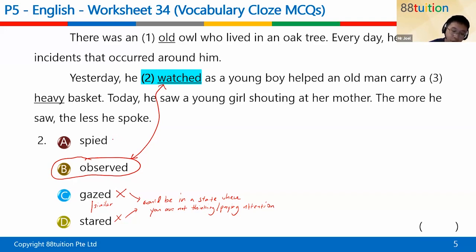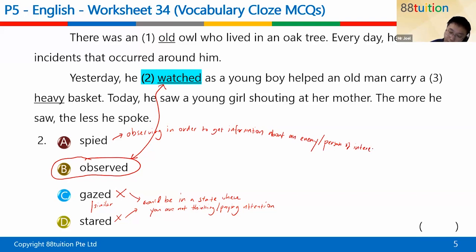Okay. And when you spied, obviously you are not spying over here. When you spy, it's also observing, but you're observing in order to get information about an enemy or person of interest.